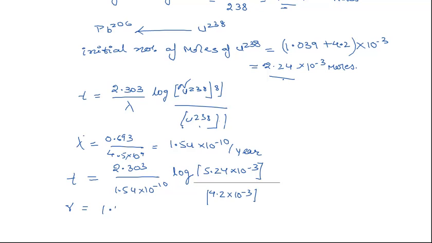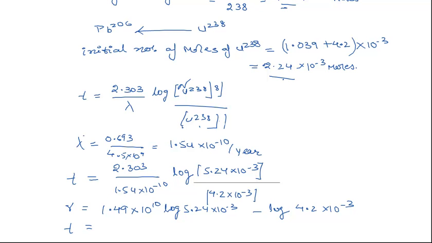So here it comes out to be 1.49 into 10 to the power 10 log of 5.24 into 10 to the power minus 3 minus log of 4.2 into 10 to the power minus 3. So just solve this and you can get your answer. Right?